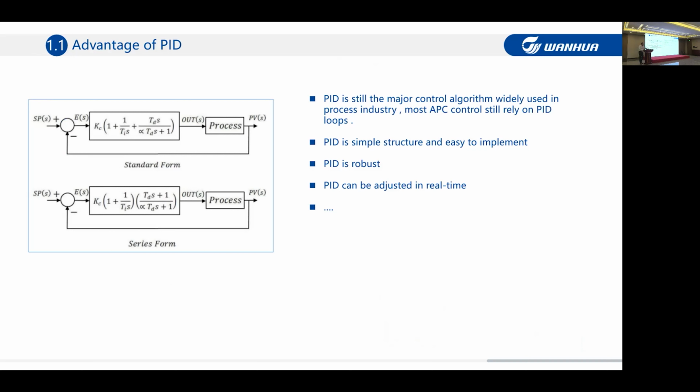We still need to spend quite a lot of effort on the PID, because the PID is still the major control algorithm in the chemical industry, and most of the plant is still running based on PID loops. These are all the PID's advantages. I will not go through the detail.